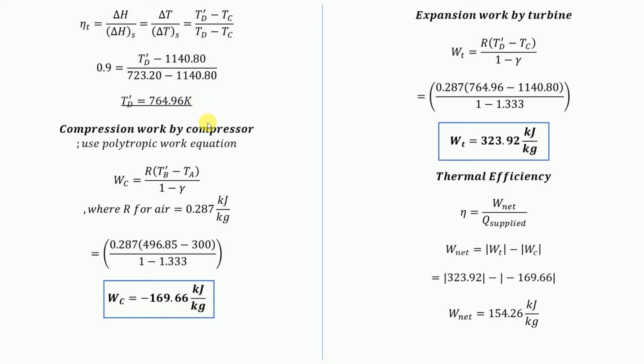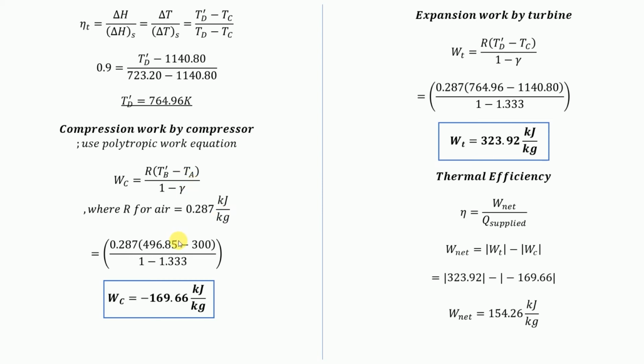Next, we could obtain now the compression work done to the compressor by using the polytropic work equation shown below, where R for air, or the ideal gas constant for air, is equal to 0.287 kilojoules per kilogram.